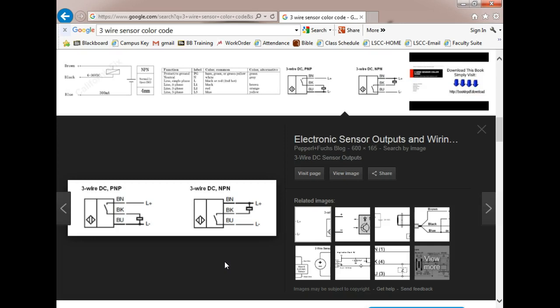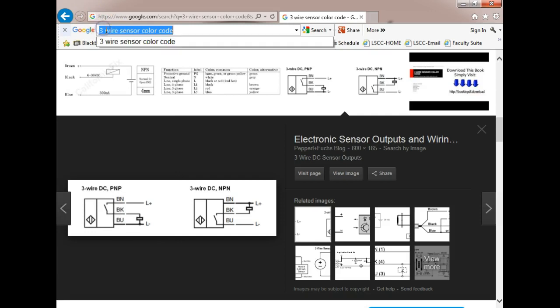As far as the wiring, it's the same: brown is plus, blue is minus, black is signal. It depends on how you hook the load up to a sensor. So if you get an NPN sensor, by the way, they don't say a sinking sensor or a sourcing sensor as far as I know. When you buy them, they're either PNP or NPN.